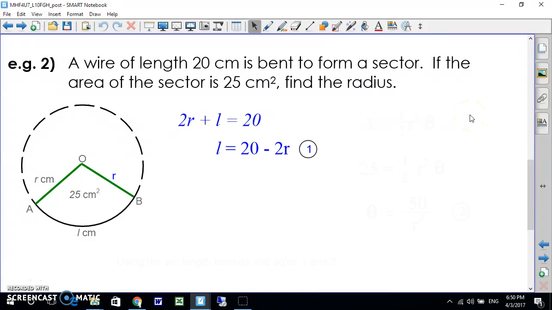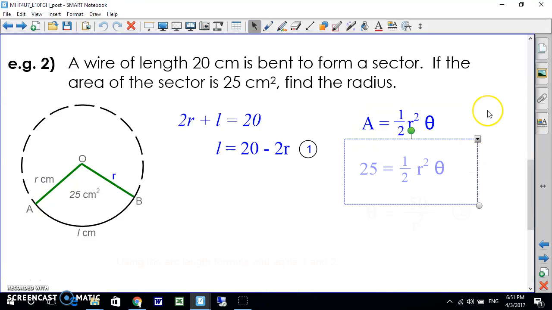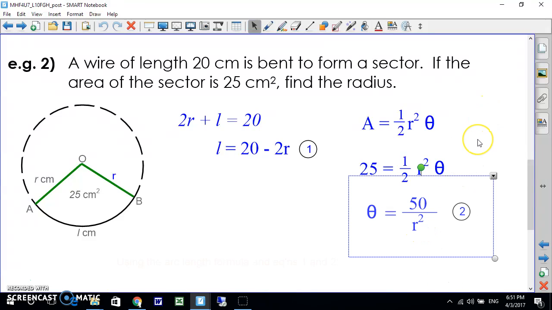Another relation that we can relate to is the area of the sector, because we are given 25 square centimeters as the area. So knowing that area of a sector is half r squared theta, by plugging in 25 into area, I can try to isolate for theta, which gives you 50 over r squared. I will call this equation 2.